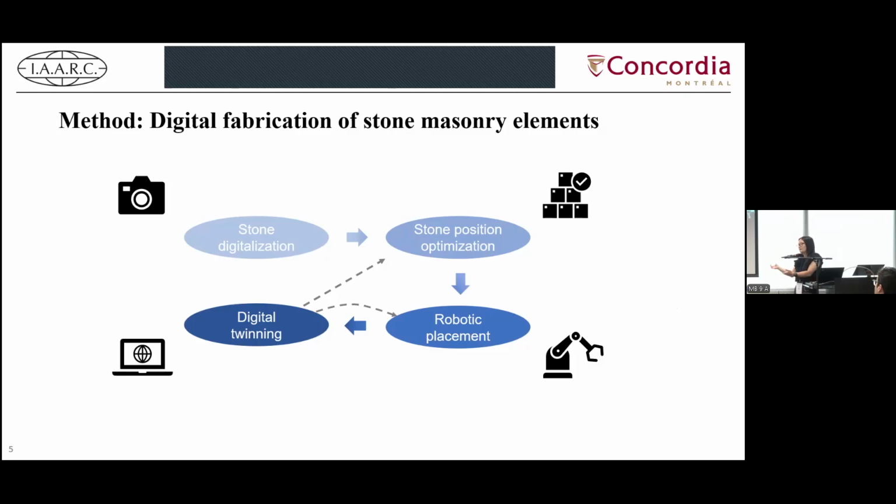Then the robot executes this design as precisely as we want. In the end, this gives us a digitalized micro scale model of the wall. This is the pipeline that I will describe in detail in the following.